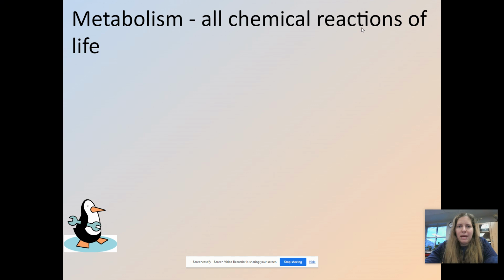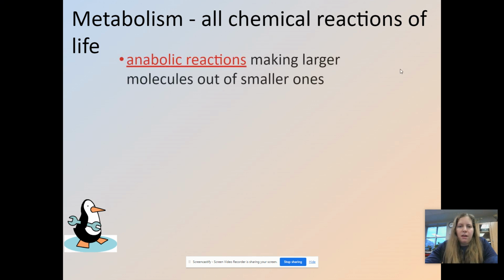So when we talk about metabolism, we're talking about all of the chemical reactions of life. And there are 2 main categories. We perform anabolic reactions, which make larger molecules out of smaller ones. So think, we're making polymers from monomers, right? We're making proteins from amino acids. We're making larger lipids out of fatty acids.